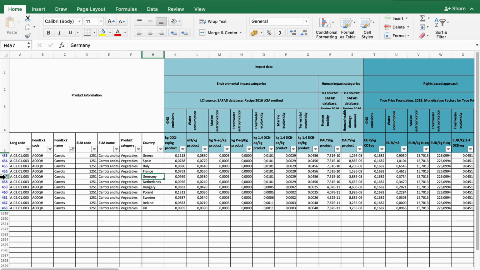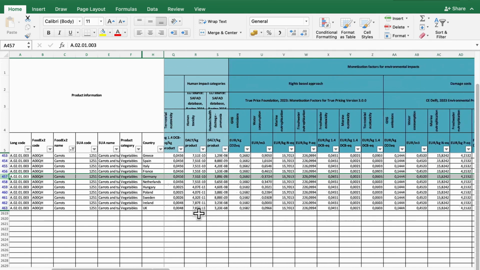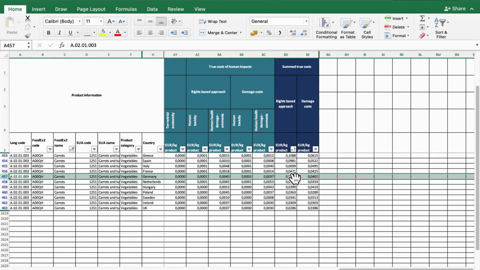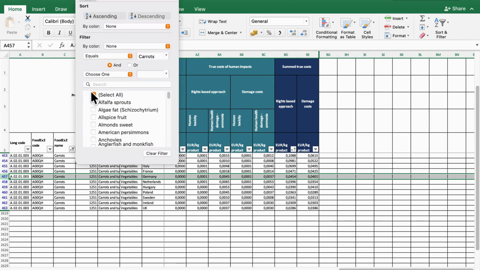So for example, if I'm using carrots that are produced in Germany, then I can come to the sum true costs, choose whichever monetization approach is relevant for me, multiply this number by the number of kilograms or grams of carrots required by my recipe, and then go through the rest of the ingredients and add them together to get the total true costs for that recipe or menu.